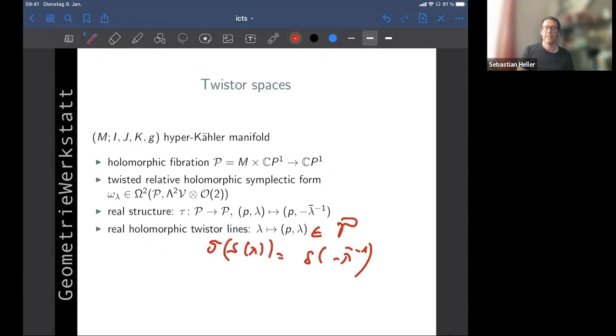So that's the reality condition I mean here. So it's somehow invariant or equivariant with respect to the real structure tau.